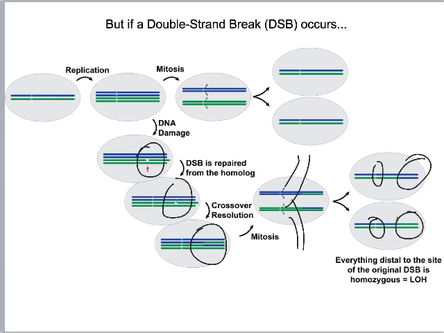Down here I'm homozygous and I just have the green information. So now everything distal to the event where the double-strand break was and where the crossing over occurred is homozygous, which is to say I've lost heterozygosity. I'm now homozygous at all of those loci.